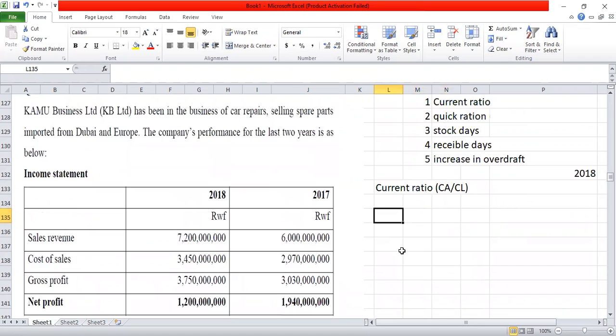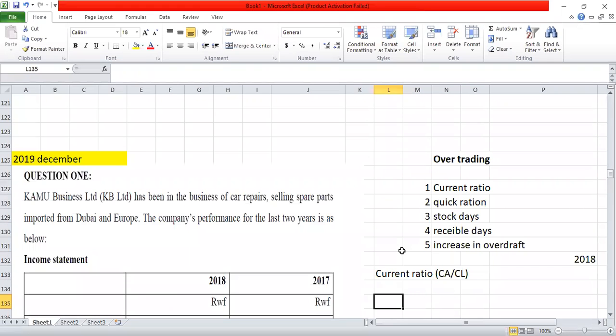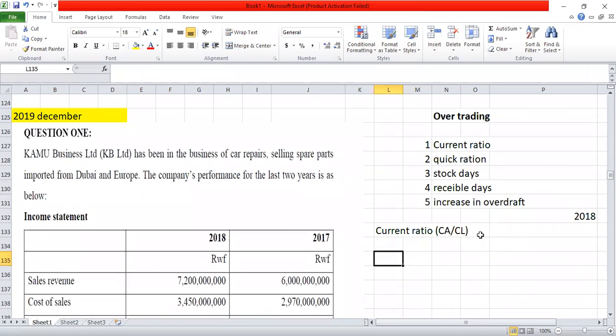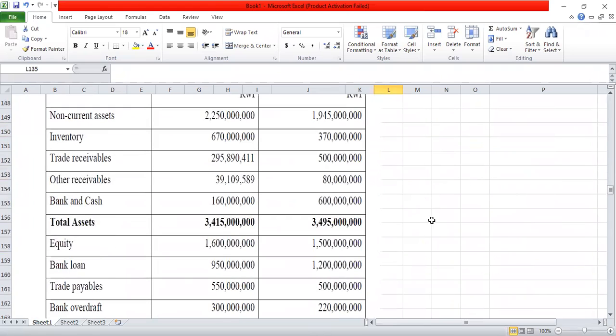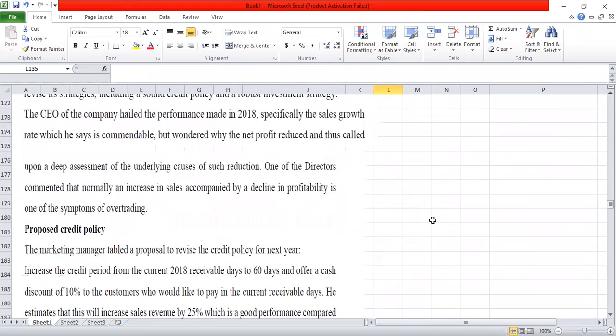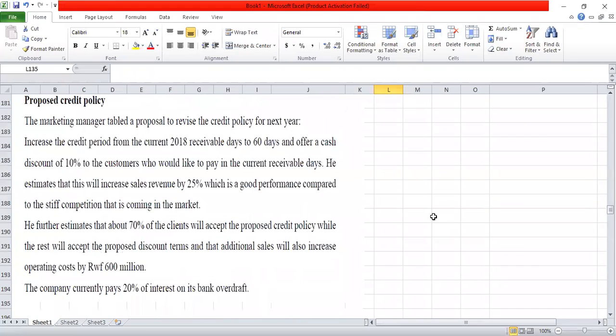So the next one is this. These ratios you can calculate for overtrading. They said that the marketing manager tabled a proposal to revise the credit policy for the next year, increase the credit period from the current 2018 receivable days to 60 days and offer a discount.